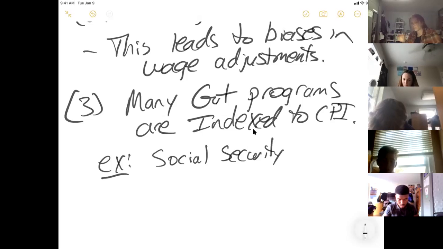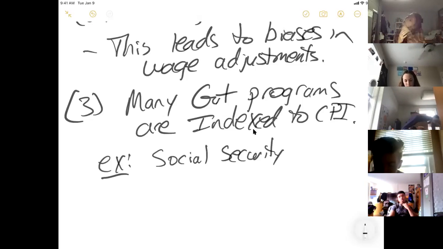So if the consumer price index goes up by 2%, what happens to your grandma's Social Security check? It goes up by 2%, right? And that's the law, right? The law is that whatever the consumer price index is, your grandma's Social Security check goes up by that amount. Now, let's think about that. If the consumer price index is overstating inflation, who is that good for? Who tends to benefit from that? If the consumer price index is saying inflation is higher than it actually is, then who does that tend to benefit?